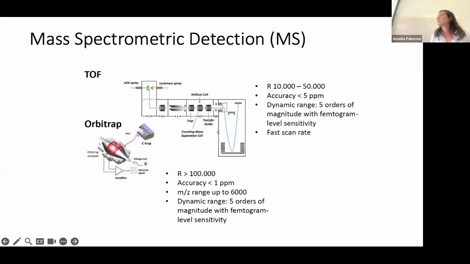For instance, when you have a triple quad, which is 3 quadrupoles in sequence, even though that's not meant to be appropriate for untargeted work, because the accuracy is not at the level of the TOF or the Orbitrap systems. When you are in targeted approaches, sometimes a triple quad can be better than a QTOF, and the reason is that it can get better sensitivity when you know what you're separating and what you want to measure.